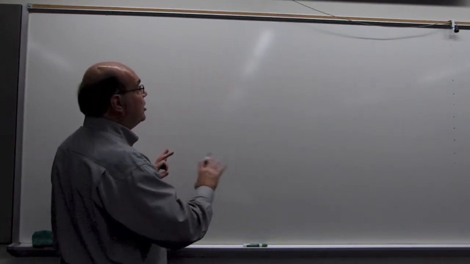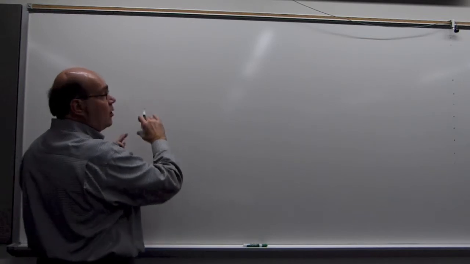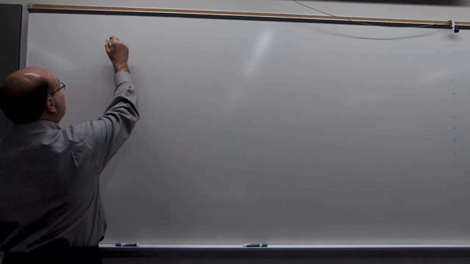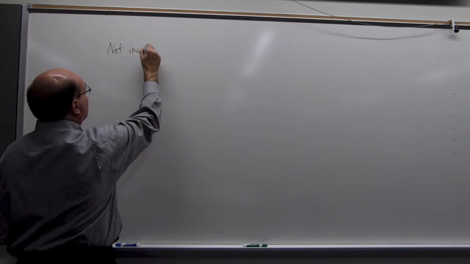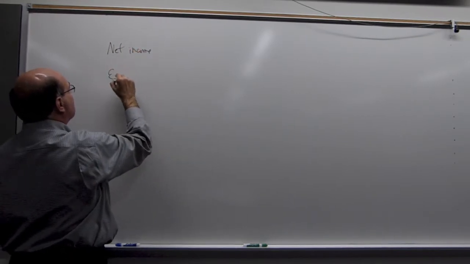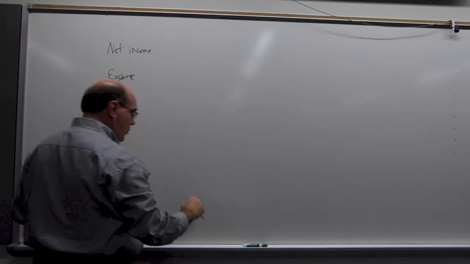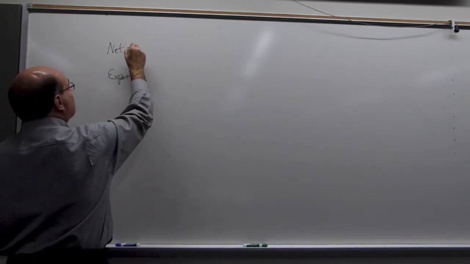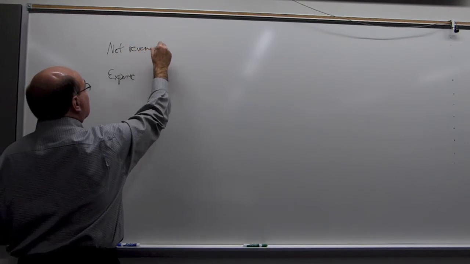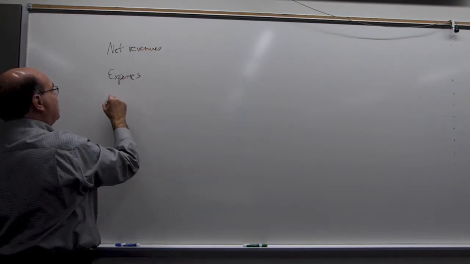Horizontal analysis is where you're going across and showing something between 2 years. So let's say you have a real simple income statement. Net revenues, expenses, and net income.